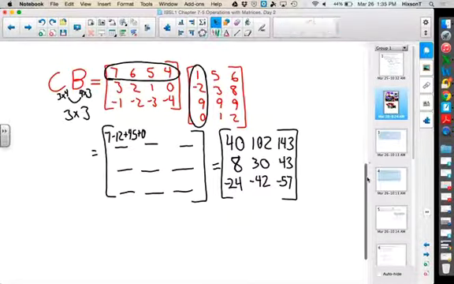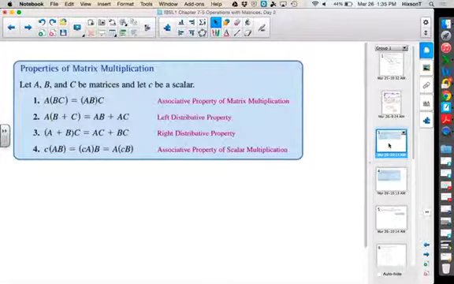Alright, any questions about any of those elements that you couldn't quite figure out? Alright, let's discuss real briefly some of the properties related to matrices.